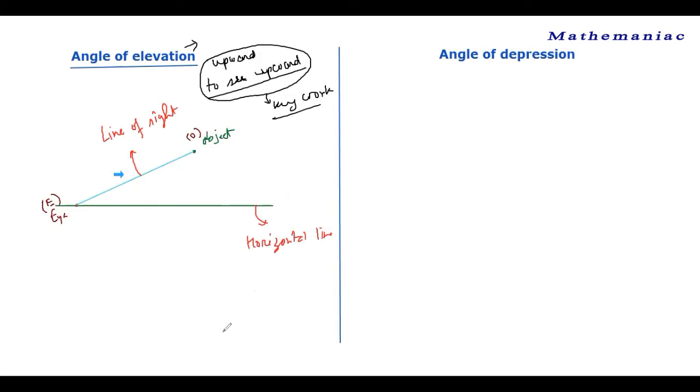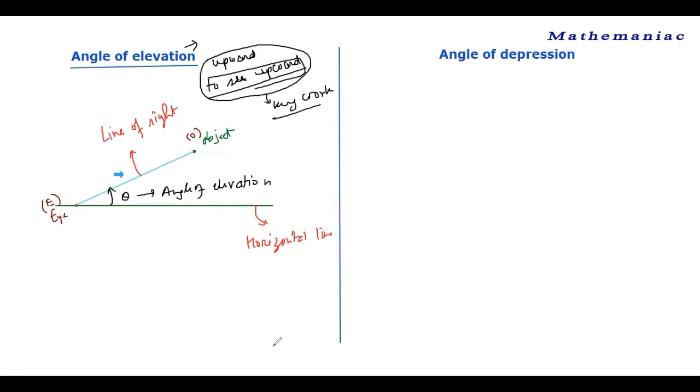In this very case, when you see the object upward, you can see an angle produced here. This is the angle of elevation. And remember, the angle of elevation is generated when you look up. So I have given this as a keyword: look up is the keyword for angle of elevation.